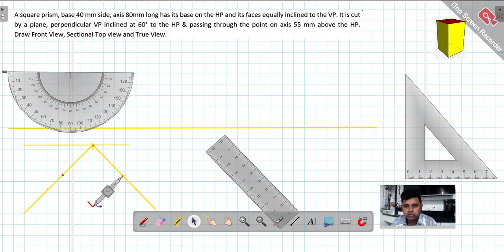Very carefully we need to mark. Take the point here. Again rotate. Again mark. Okay, so I got something which I need.